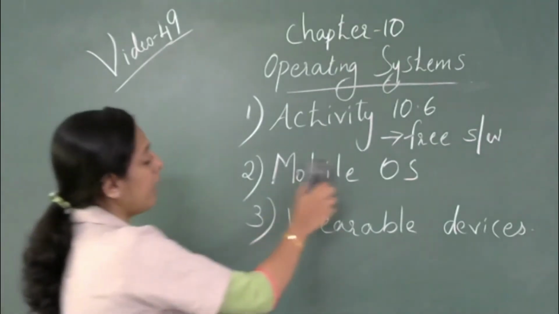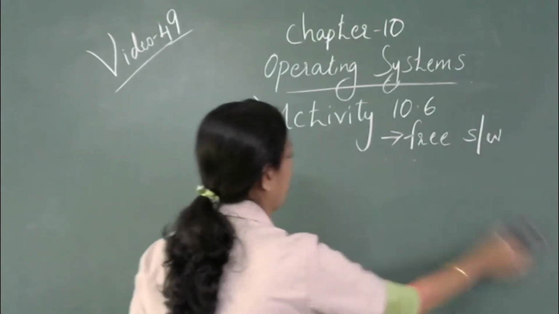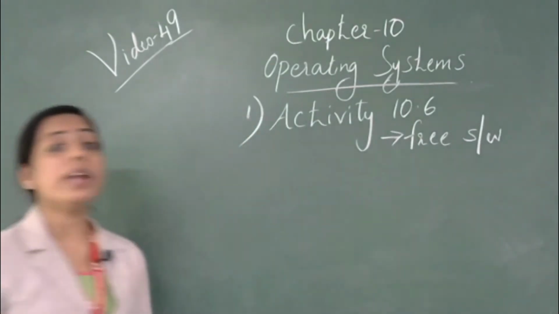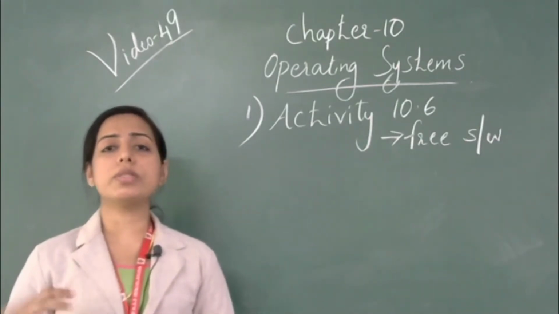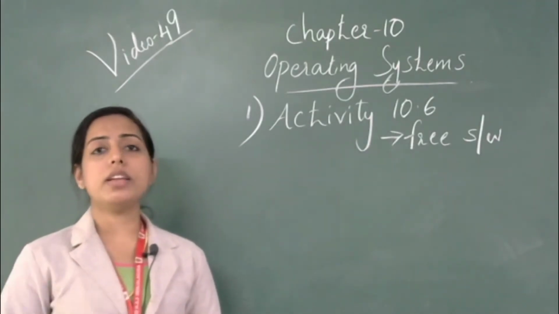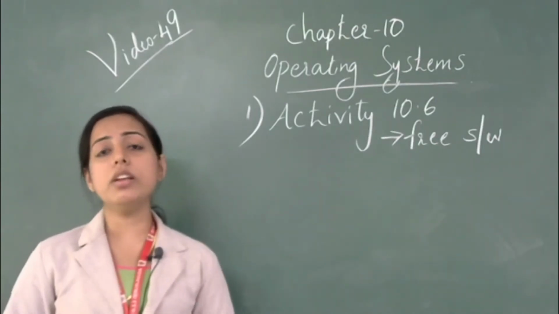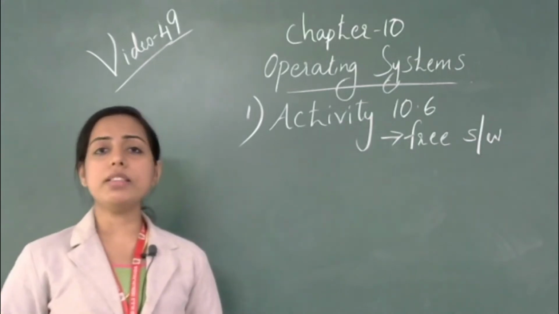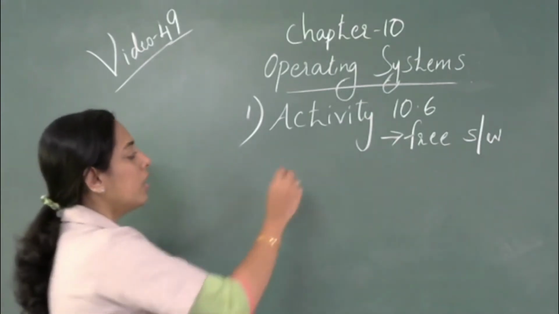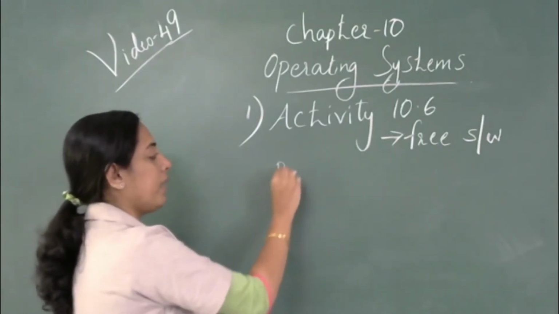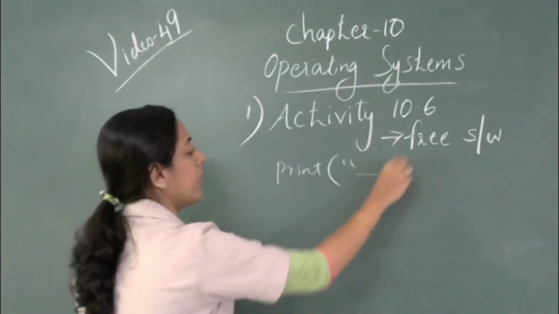You have learned about Python programs, isn't it? For every software to work, it requires a program. For each software we use different programs, and in GNU Linux many of the application software use the Python programming language. While writing Python we write like this: print, then in double quotes something we type.